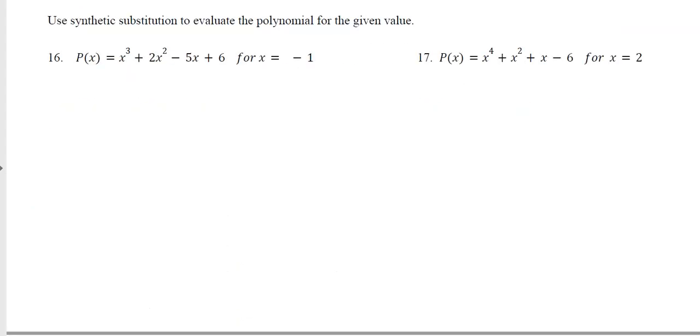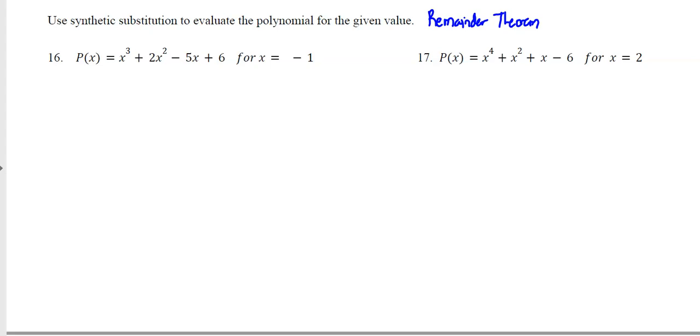All right, use synthetic substitution. So this is kind of a spin-off that says, hey, we can use the remainder theorem. I do see this on the SAT occasionally. The remainder theorem says that if you do synthetic division and you get a remainder, that remainder is the answer when you evaluate the function for a number.